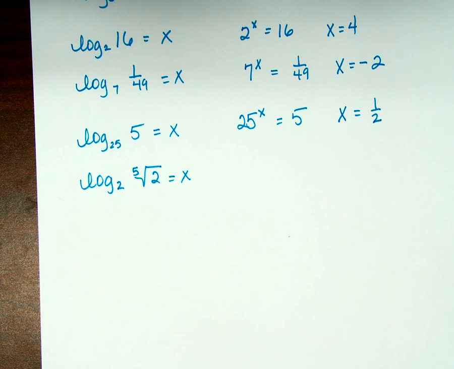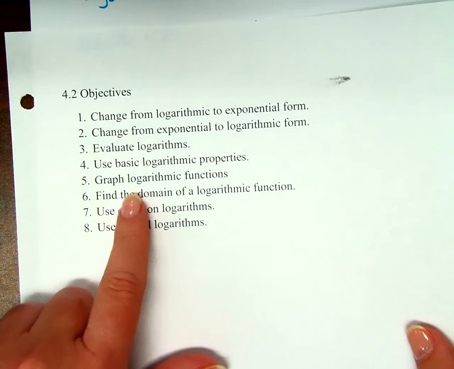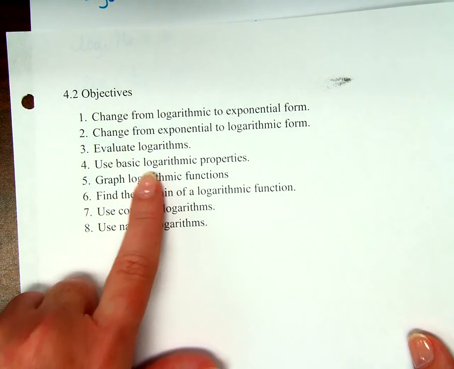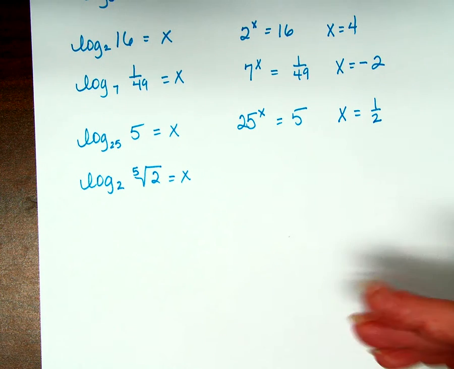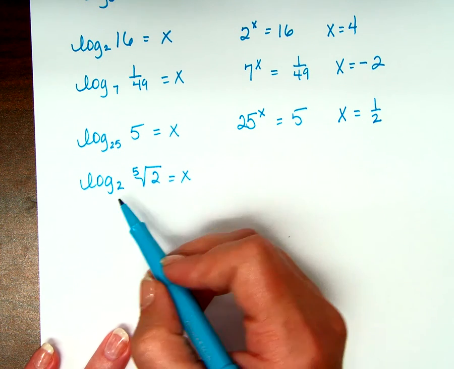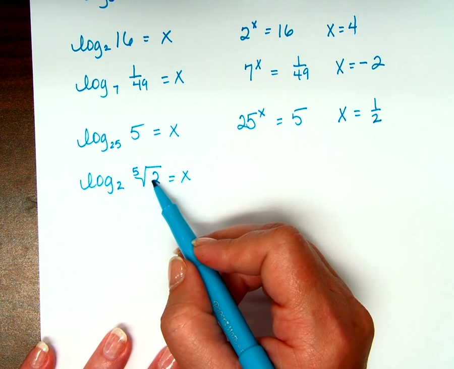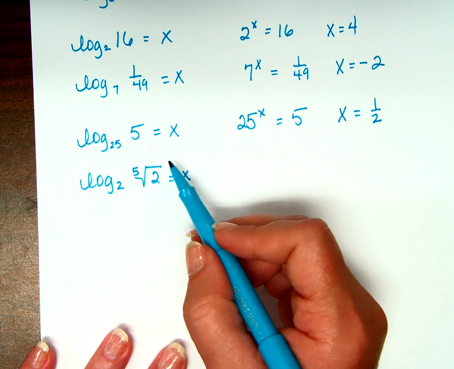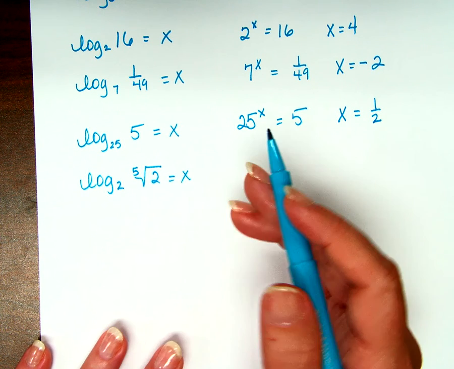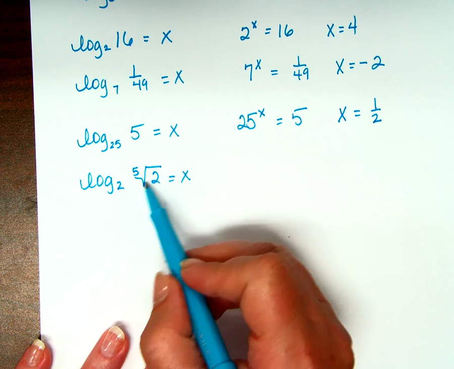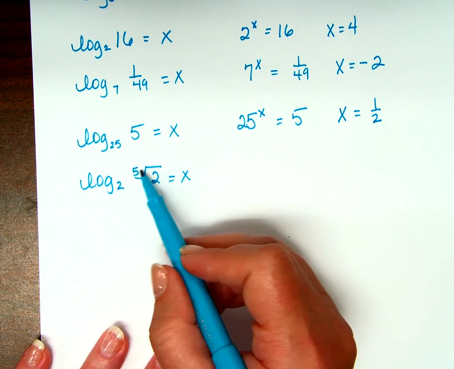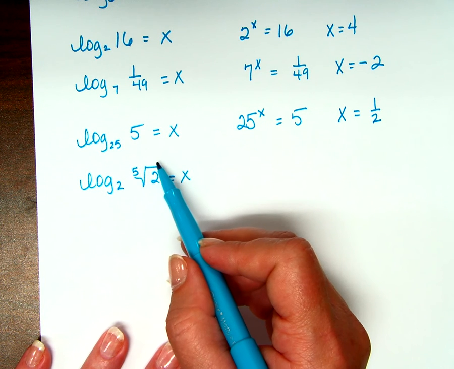So here's what I want you to remember. There was a property that we used. And since we're talking about basic properties, this is definitely one I want to talk about. Okay? There was a property that we talked about in Algebra 2 where if the base of the logarithm and the base of the exponent were the same, the answer was just the exponent, right? Or what was left. Well, this is almost that way, except this is a fifth root instead of an exponent.